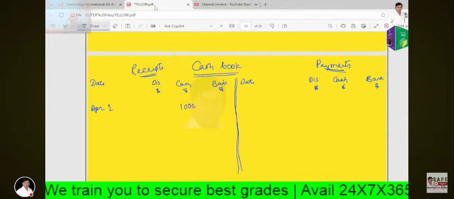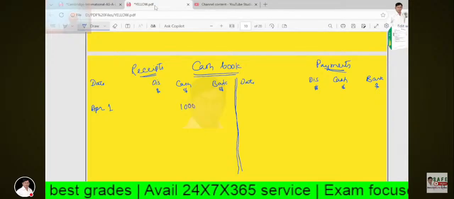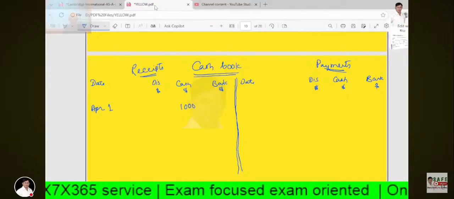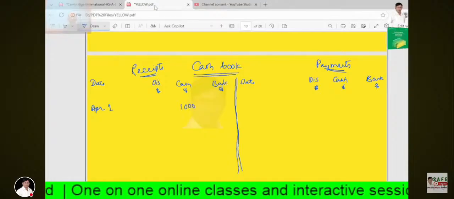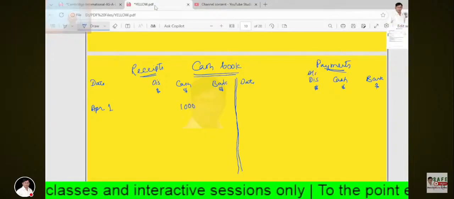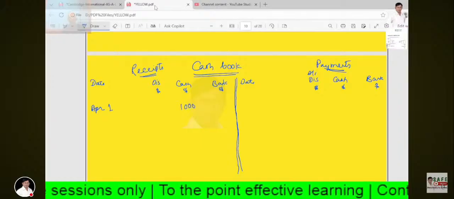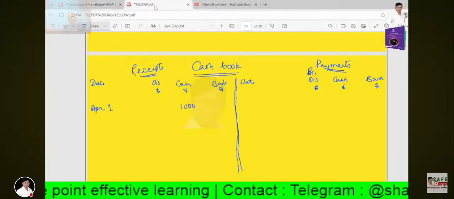This is the cash account, this is the bank account, this is the discount account. This side is discount allowed. Remember, this is allowed. On this side, when we pay, at that time we receive discount, so it's a credit.